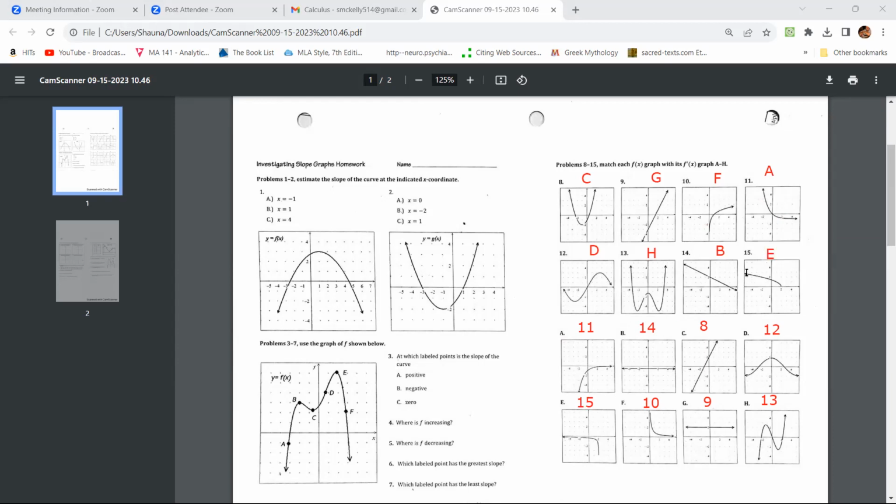I said number 15 matches letter E because it's defined for values that are less than or equal to 2. Okay? Does that help a little bit? Yeah, it makes sense for the most part. It takes a while to get used to. Yeah, it takes a while to get used to. But you're definitely graphing the slope of the tangent line.